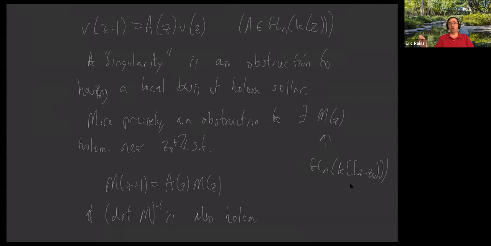And then we just use this equation to extend it going on. And then the condition is that they should all have coefficients in the appropriate power series ring, and the inverse of the determinant should also be in that. Okay. So this is what we mean. And further, we see that a singularity has 2 flavors.